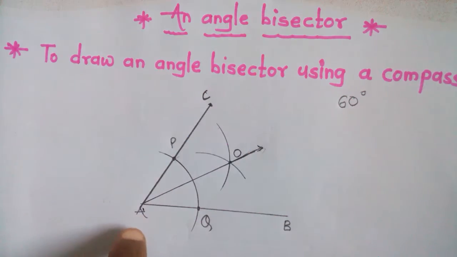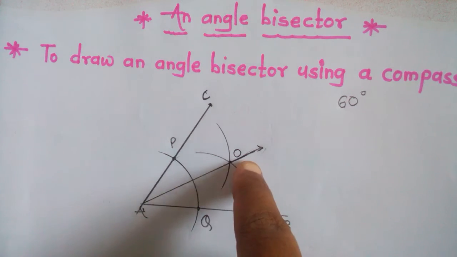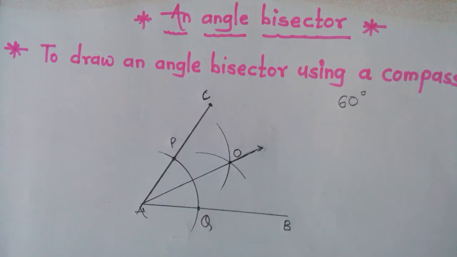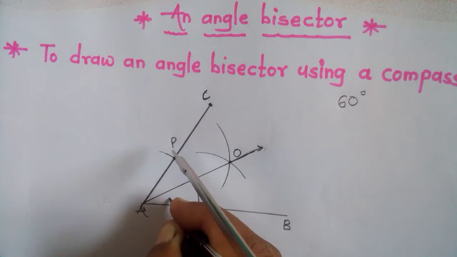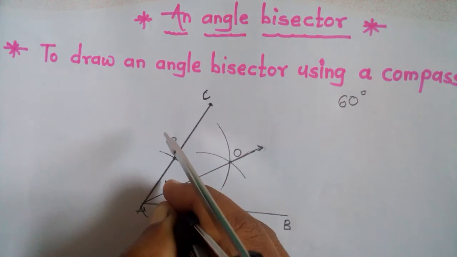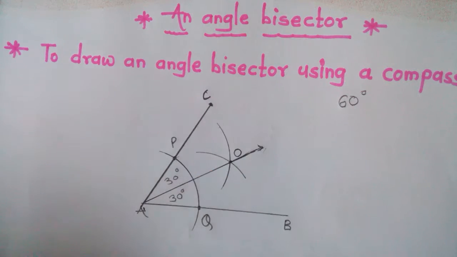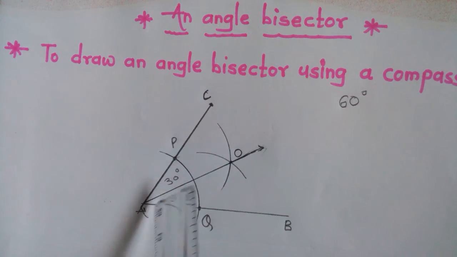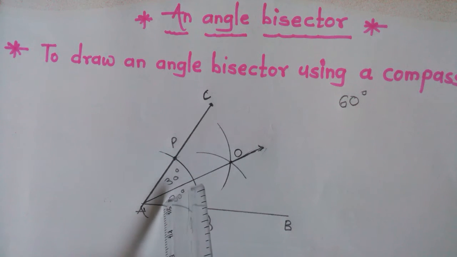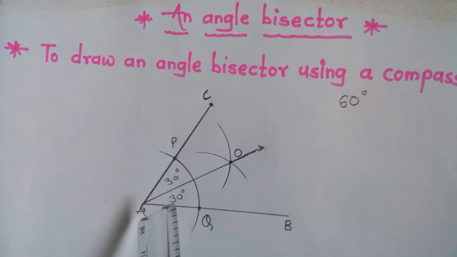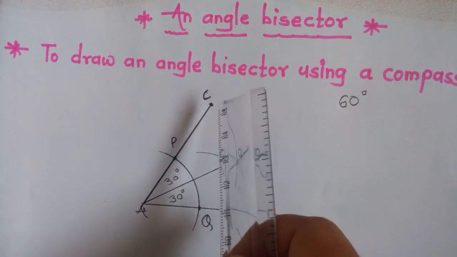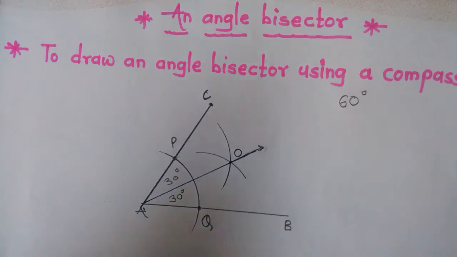Now we got two angles, angle CAO and angle OAB, and the measure of each angle is 30 degrees, correct? Bisector means AO is said to be the bisector of angle CAB. Now, all of you understood how to draw the bisector?